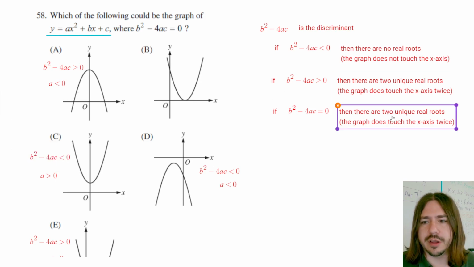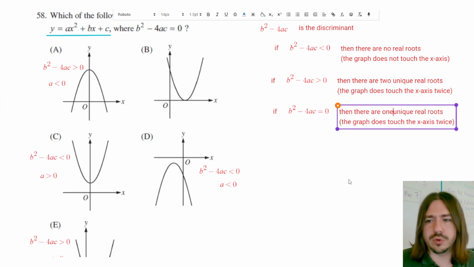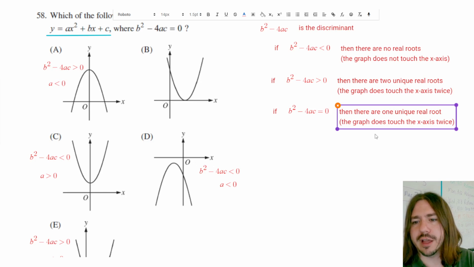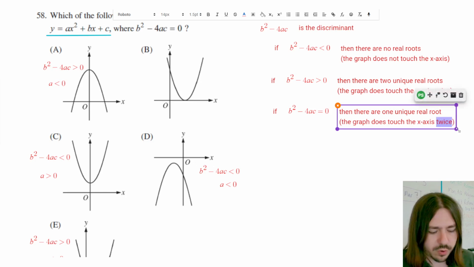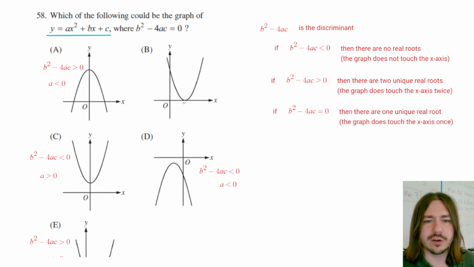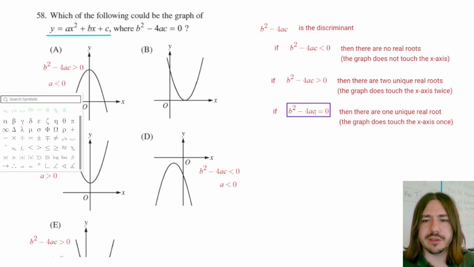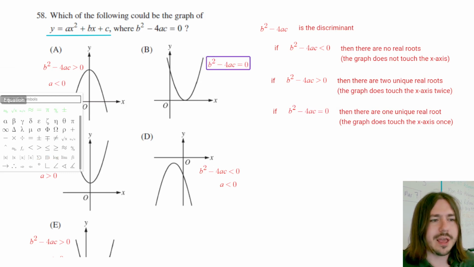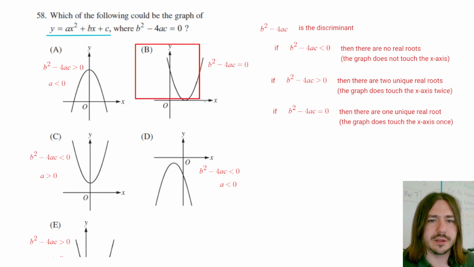So then there is one unique real root, and the graph does touch the x-axis, but only once. In other words, what happens in this case is that the vertex of the parabola is the x-intercept. So it just basically grazes that x-axis and only hits it once. So since B is the only answer choice that has a graph where we have just one x-intercept, our answer choice is going to be B here.